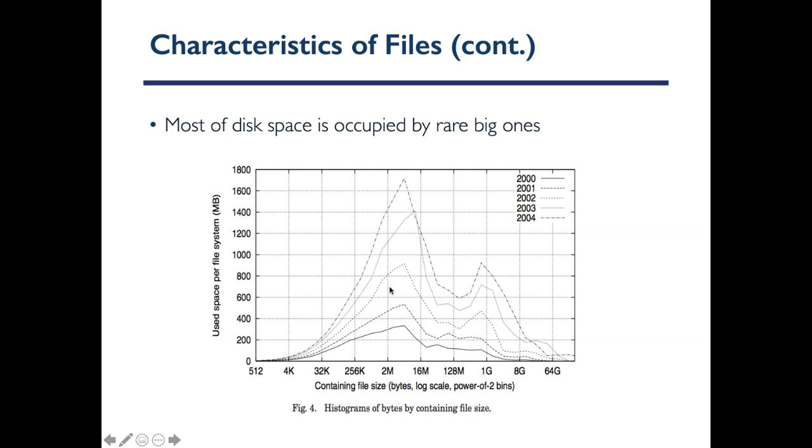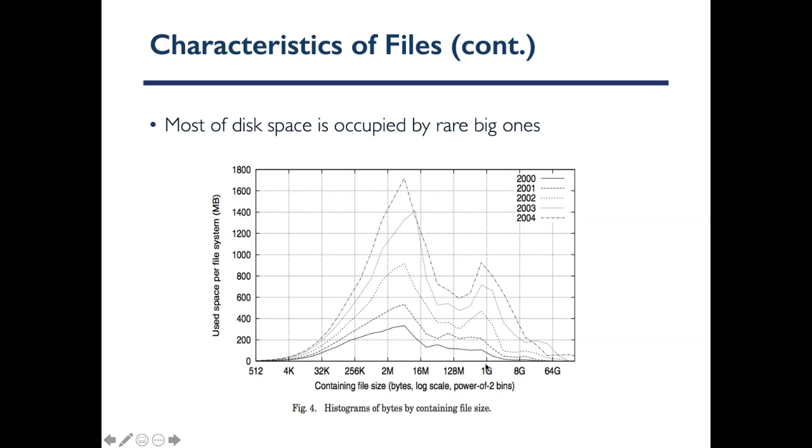This number actually increased. As you can see, the peak is shifting, not by much though, but it's basically going up here, and you're getting another peak here. So you have one peak here around 2 megabytes to 16 megabytes, and then you have another peak here around 1 gigabyte.